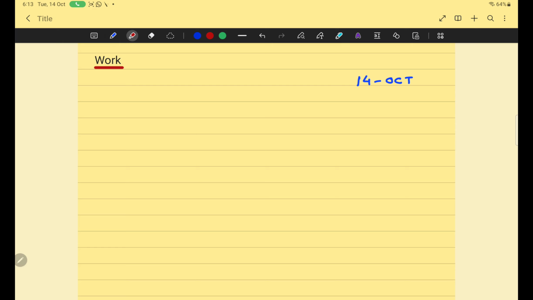The first thing, what is work? In IGCSE we have studied, sir, if we exert a force on an object and if this applied force displaces the object. This is the force which I have applied. This is the displacement which the body has covered.